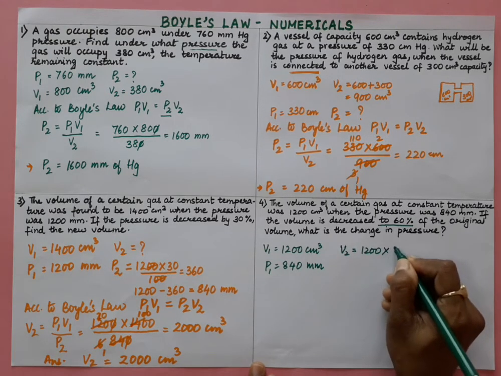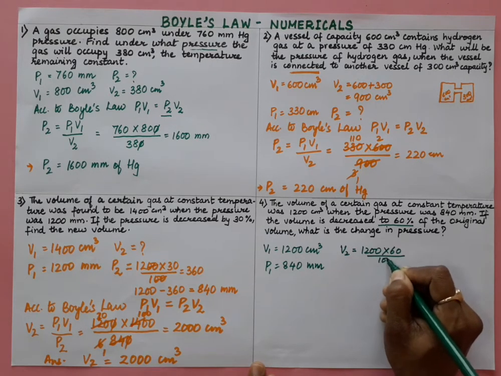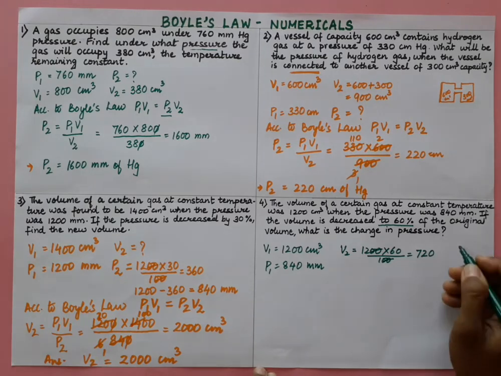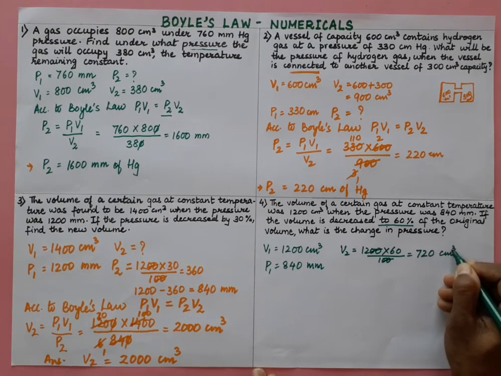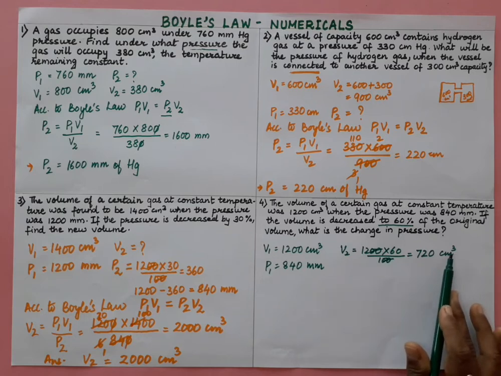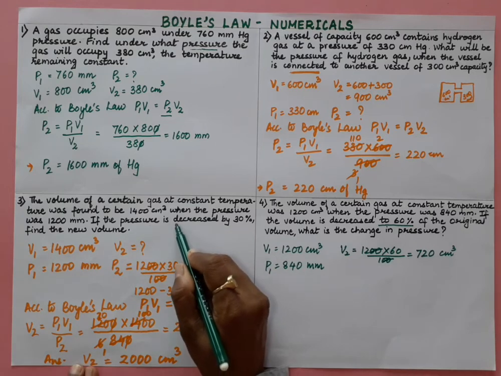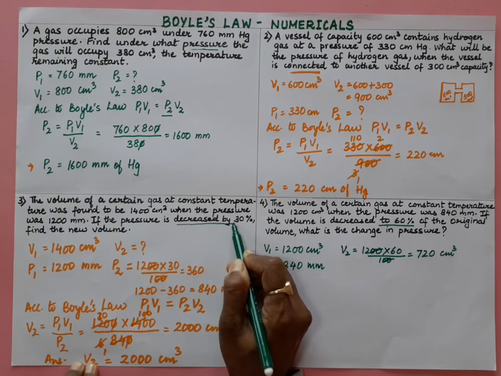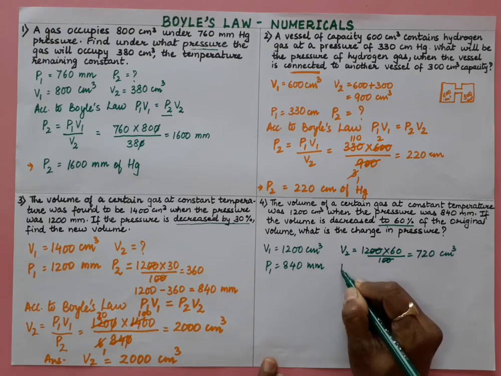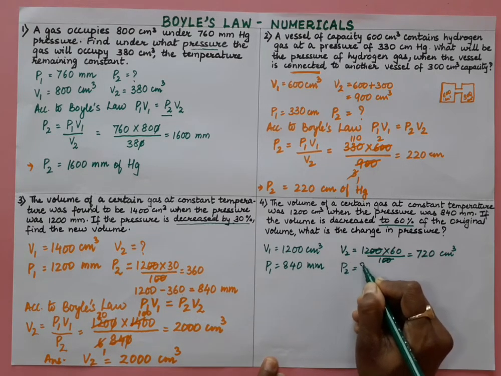And it is decreased to 60%. So let us see what is the 60% of 1200. It is 720. So it is 720 centimeter cube. So when it is decreased to, directly it is decreased to 60%. Whatever the value is coming, that you have to take. And here when it is decreased by 30%, it means 70% you have to take. 30% is decreased, so you have to subtract over here, right? Now what is P2? P2 you have to find.